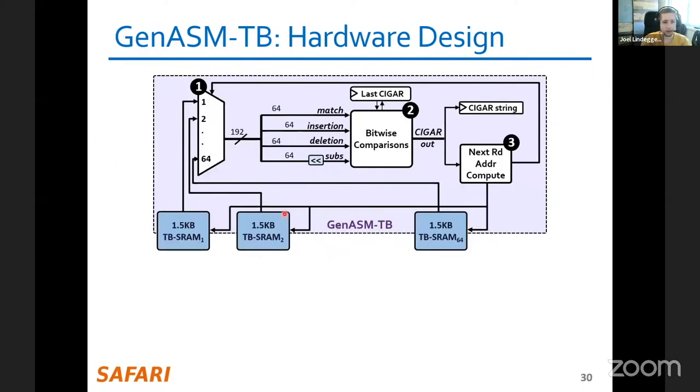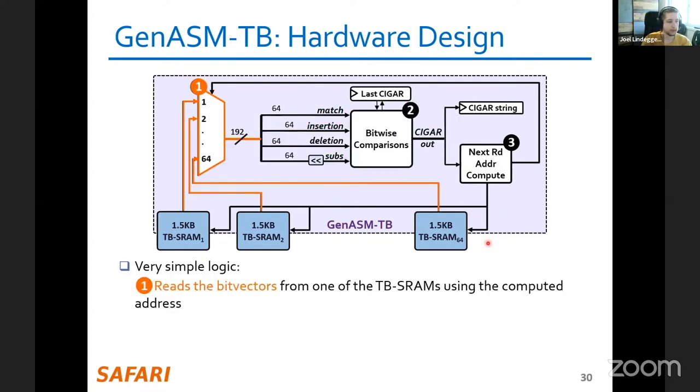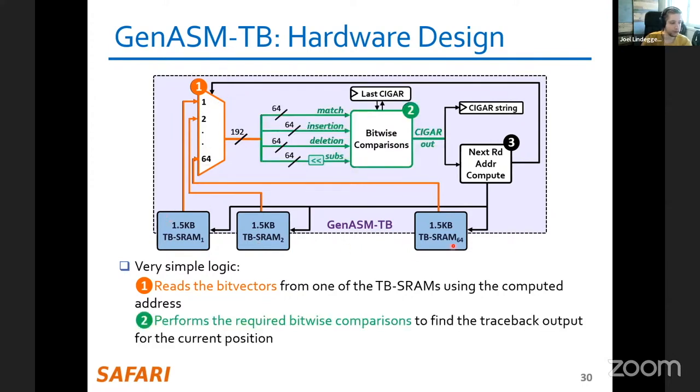For traceback, we again have some fairly simple logic. This is the other end of the same SRAMs that I just showed. We basically read some data from each of these SRAMs. There's a mux over here that selects which data to get from which SRAM part.